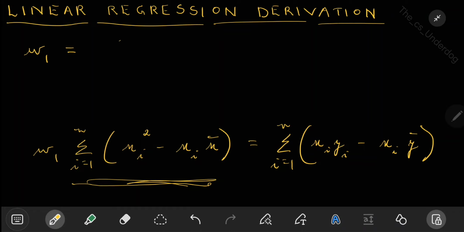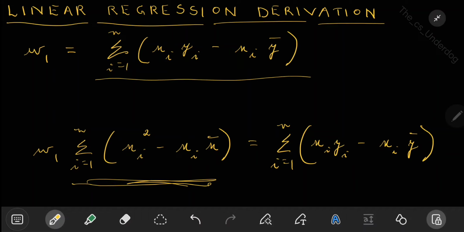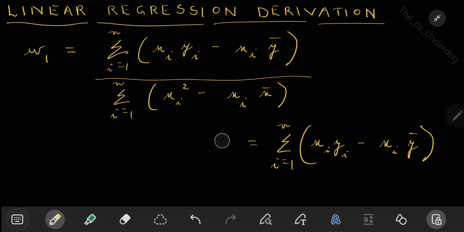Sigma i equal to 1 to n, xi yi minus xi y bar, whole divided by this term, right? Sigma i equal to 1 to n, xi square minus xi x bar. So this is the final derivation of w1.